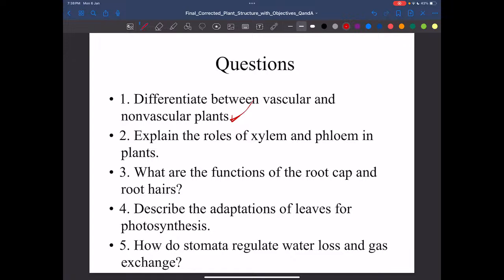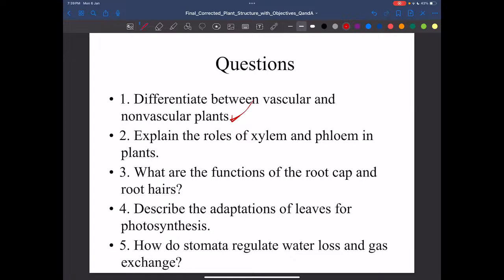Okay, so number 3, what are the functions of the root cap and root hairs? Okay, we spoke about the functions of both. This is just quite a revision for you guys. Exactly, root hairs increase the surface area, so more absorption of water and mineral salts.